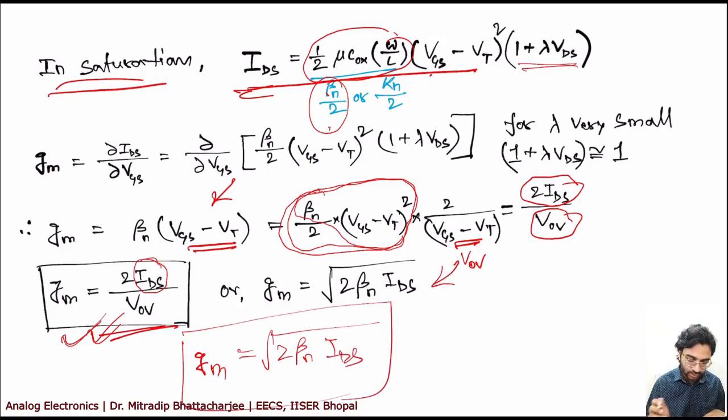How did I get this? I first calculated VGS minus VT from this equation and replaced it here, and then you will find your GM value is root over 2 beta n IDS. These are the two expressions that are very important.